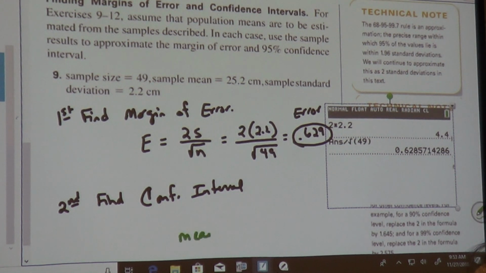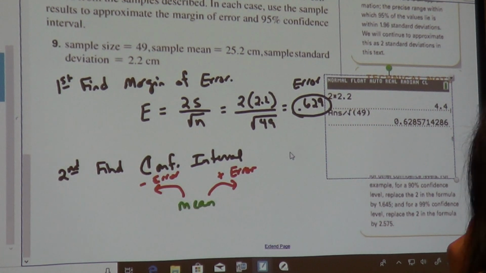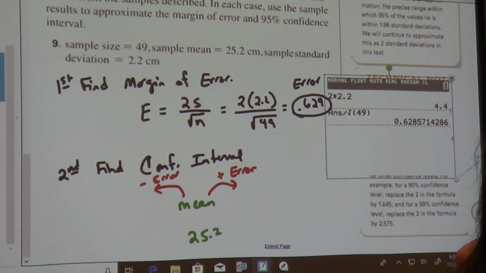So I take the mean and I add the error, and then I take the mean and I subtract the error. So my mean is 25.2, and I'm going to add the 0.629, and I'm going to subtract the 0.629.